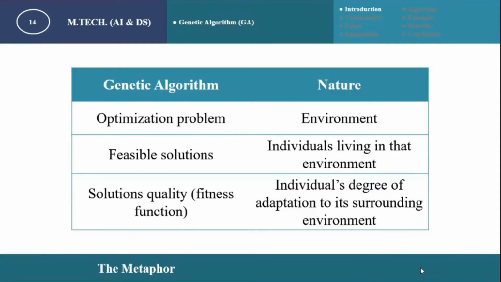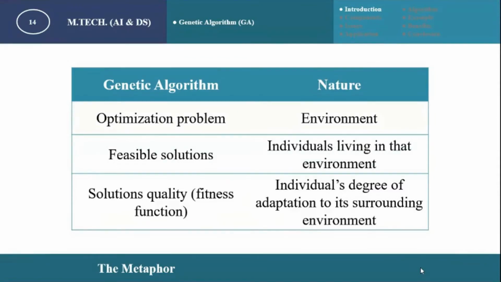And in the genetic algorithm, the quality of the solution is obtained using a fitness function. The fitness function can be, as we discussed in the case of the traveling salesman problem, the distance traveled, or the inverse of the distance traveled. So that depends on the particular type of problem under consideration.